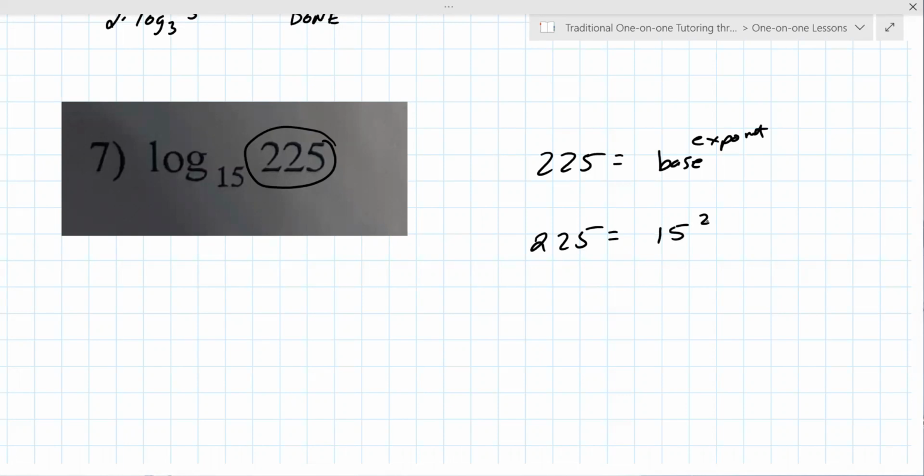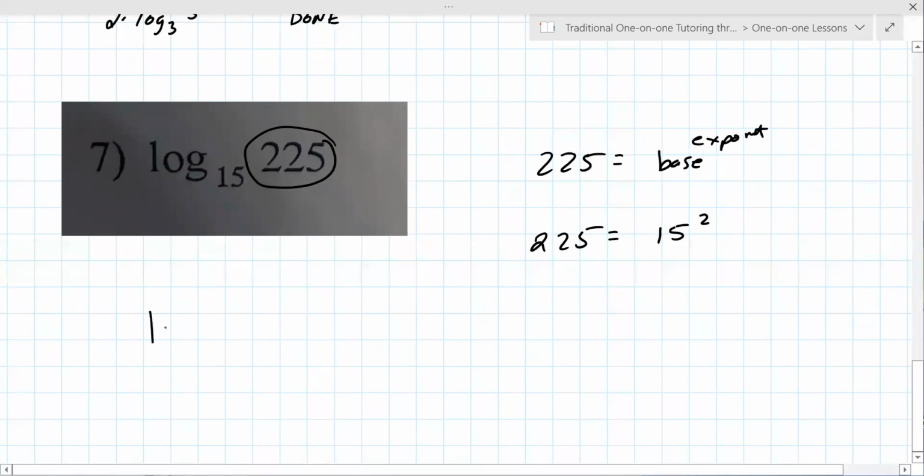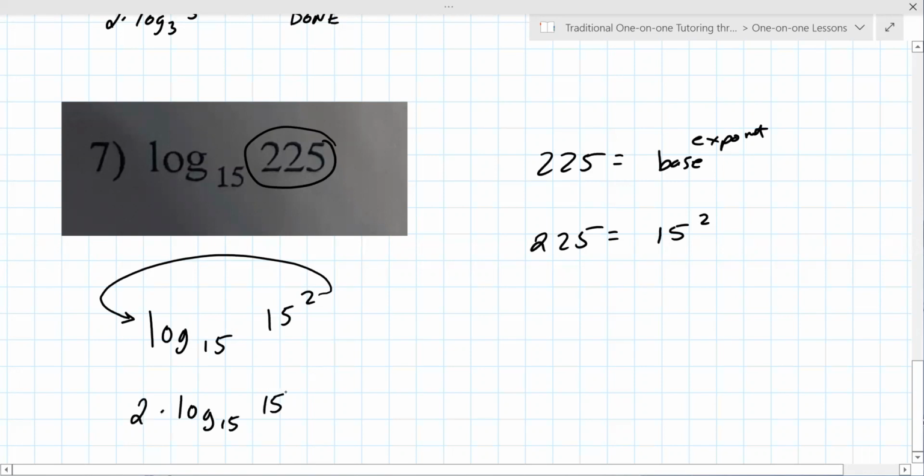So this becomes log base 15 of 15 squared. So that 2 comes out in front. So that's 2 times log base 15 of 15.